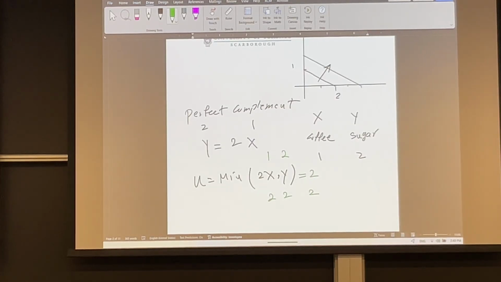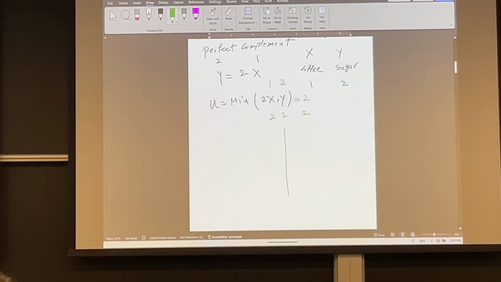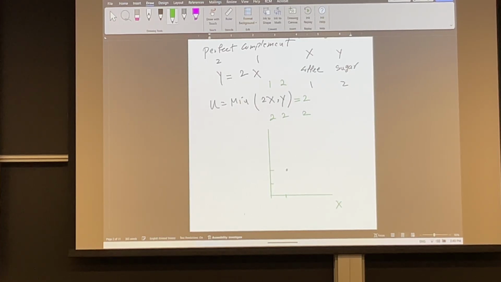Right? The graph then looks like this. I give you one coffee, you need 2 sugars. Right? You get some satisfaction equal to 2.